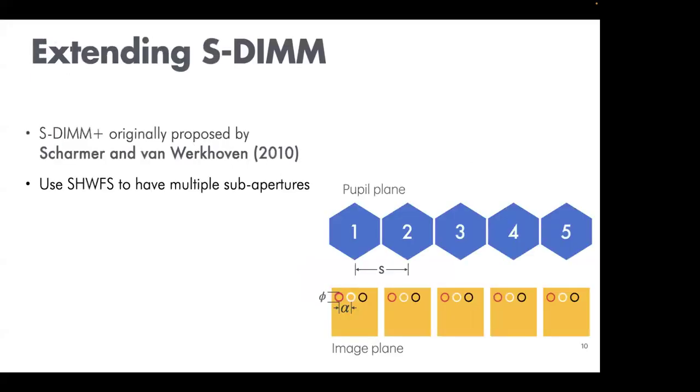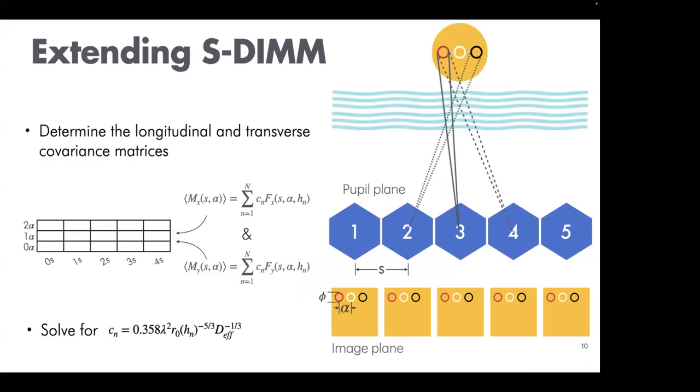So here, you have, like I said, a Shack-Hartmann in your pupil plane. Basically, each of these produces an image of the same field of the sun, which are ideally supposed to be identical, but they're going to be shifted because of the turbulence.